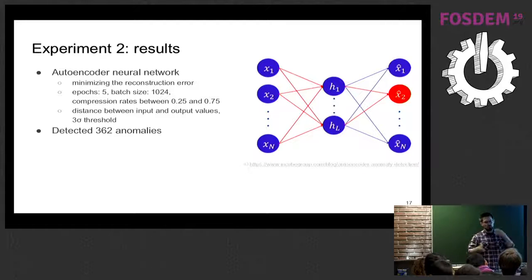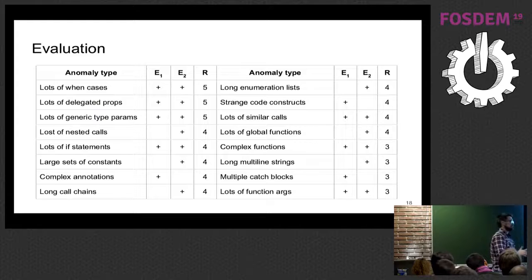It was a very simple architecture with only one hidden layer. We experimented with the compression rate of the hidden layer and got around 360 anomalies. So we brought these anomalies together and removed the duplicates and still got a lot of anomalies that we were not sure were useful or not.